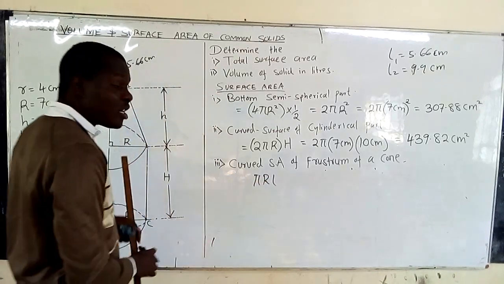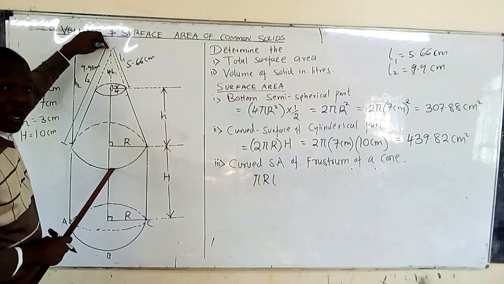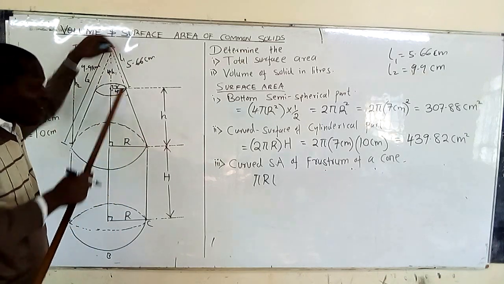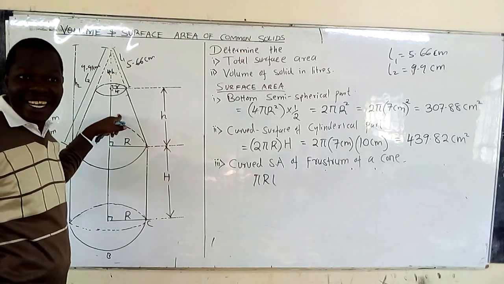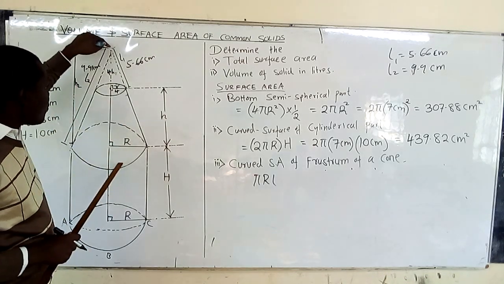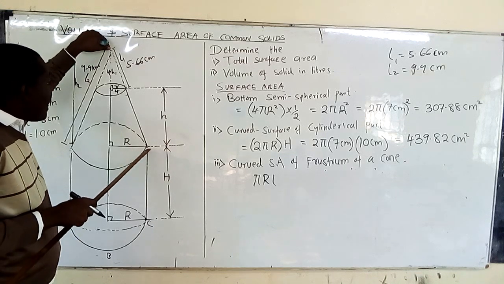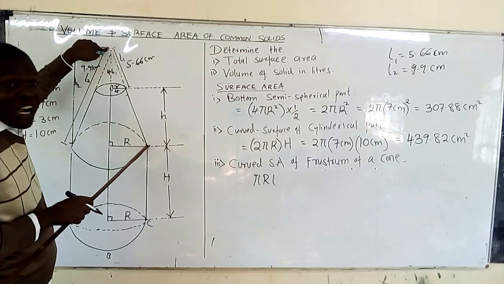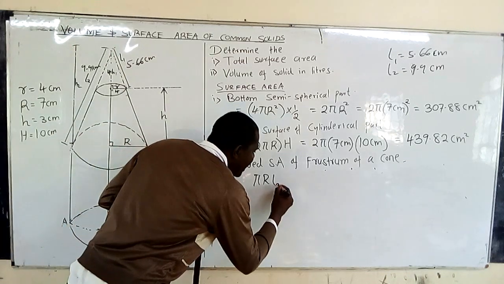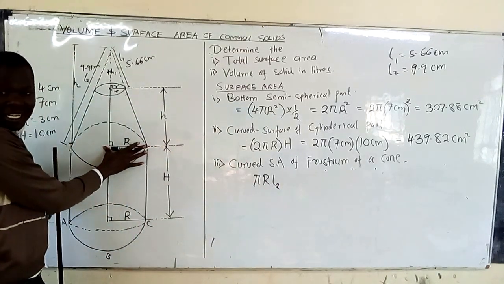So here it will be what? The curved surface of the bigger cone minus the curved surface of the smaller cone gives you the curved surface of the frustum, and that is what we are looking for, isn't it? So the curved surface of the bigger cone will be pi R L2. See, the slant height of the bigger cone is L2, and the radius of the bigger cone is R2.